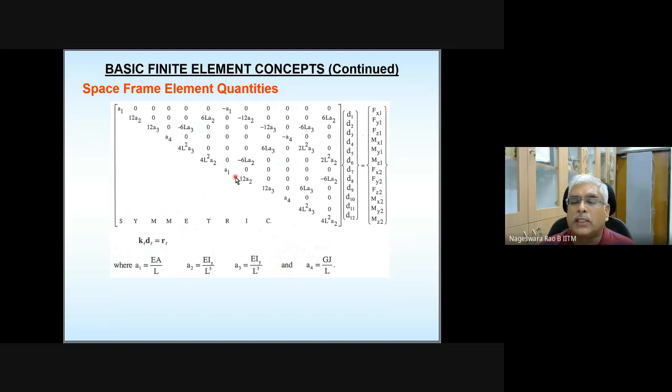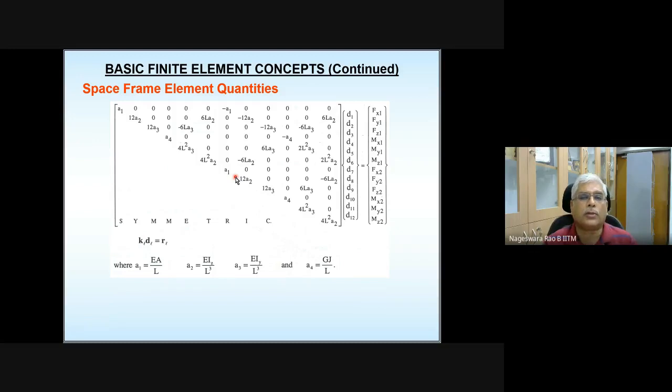I should not say fixed. Eliminating the corresponding rows and columns, you get the reduced equation system. Once you get it, you solve for the unknown nodal degrees of freedom.